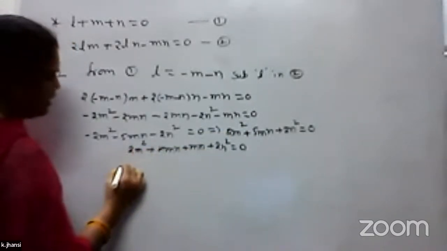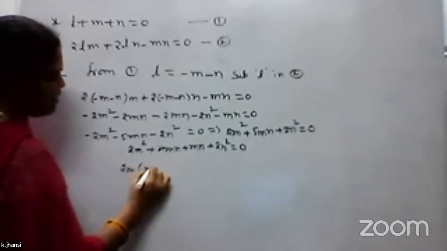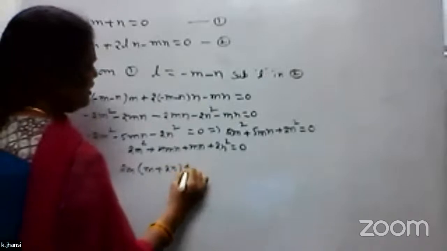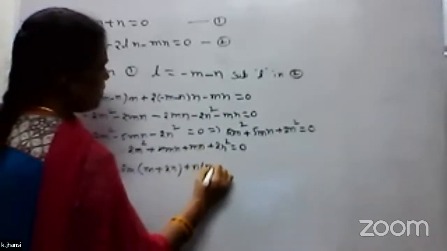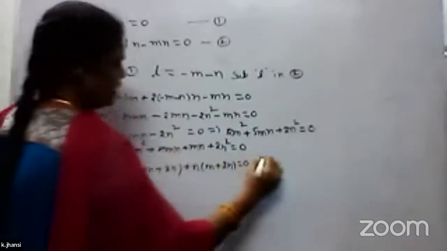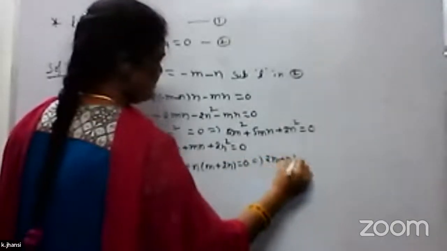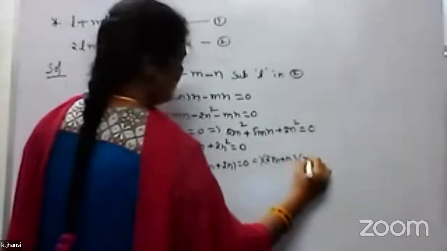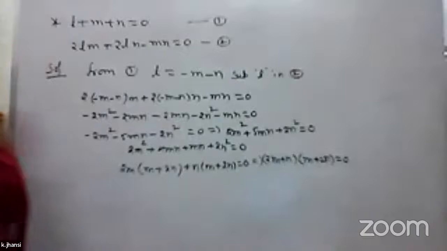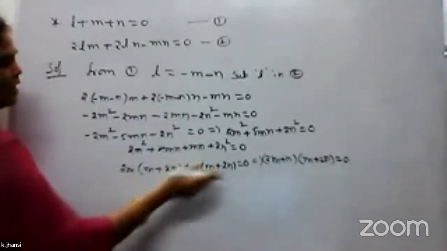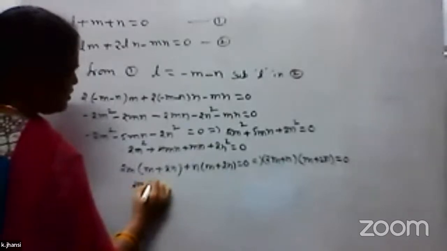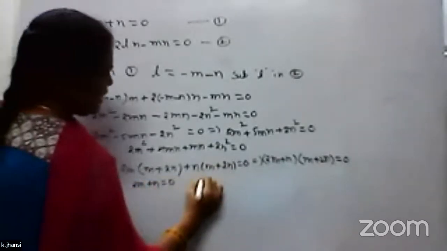Okay. So if you take 2m common, you get m plus 2n. And here if you take n common, m plus 2n. So when you equate it to 0, you will get 2m plus n, next m plus 2n equals to 0. So 2m plus n equals to 0, one case.